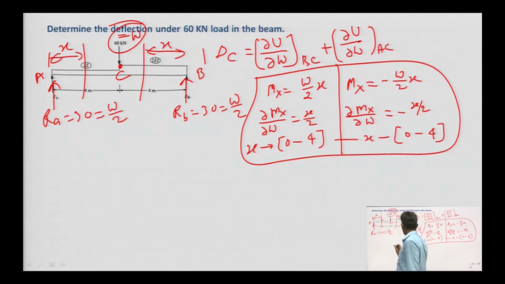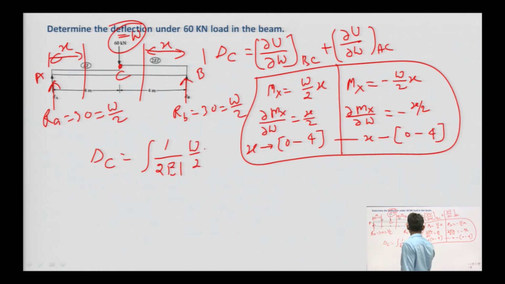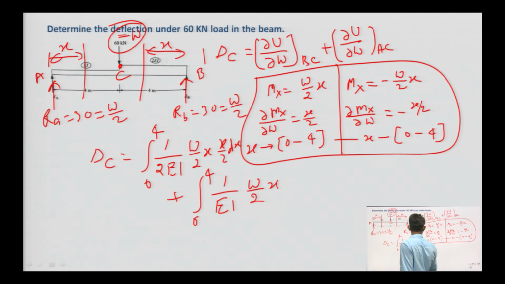So, delta C is integration 1 upon 2 E I, W by 2 into x by 2 into dx, limit 0 to 4, plus integral 0 to 4, 1 upon E I, W by 2 x, minus, and minus x by 2 into dx.